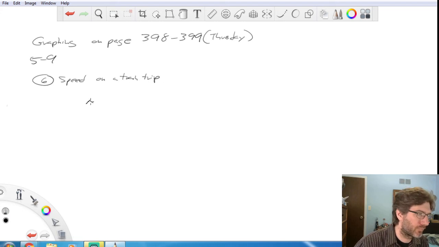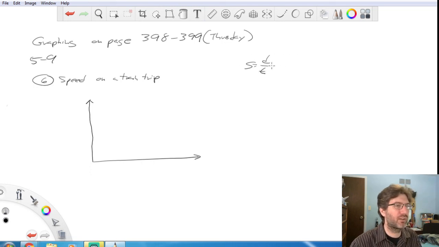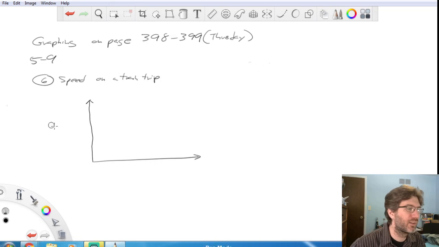So again, you're only going to need your 1st quadrant on this because you can't have negative distance. Speed equals distance over time. I guess you can't have negative speed, but you can't have a negative distance. That's what we're graphing, sorry. This is distance, and this is time. So as time goes on, how does the train trip work?